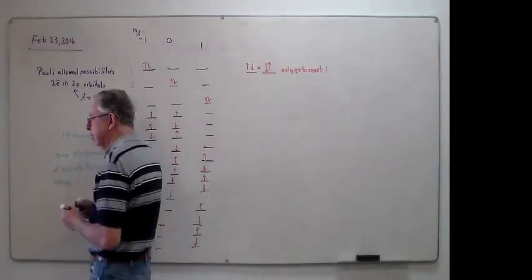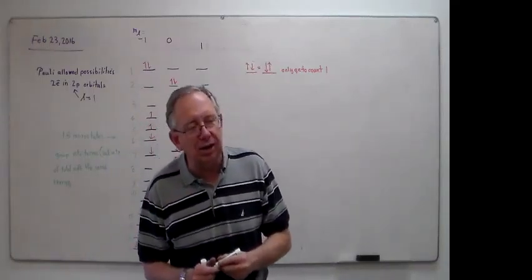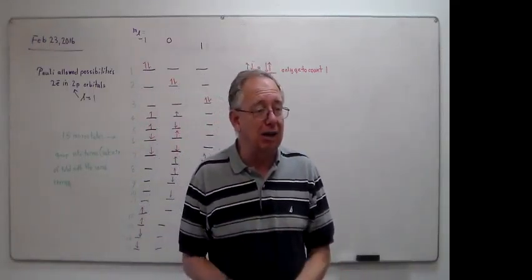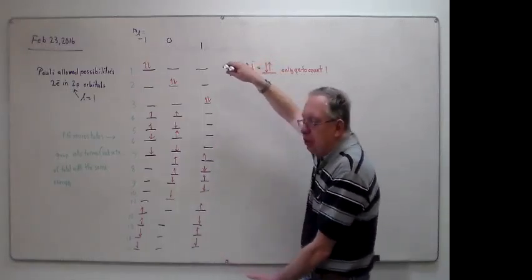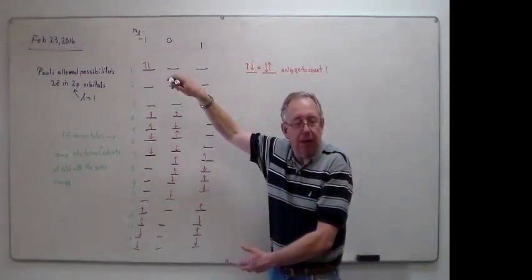So Ed, you mentioned, hey, some are going to be lower in energy than others. That's exactly right. So out of these 15, would you expect that all of them have the same energy?